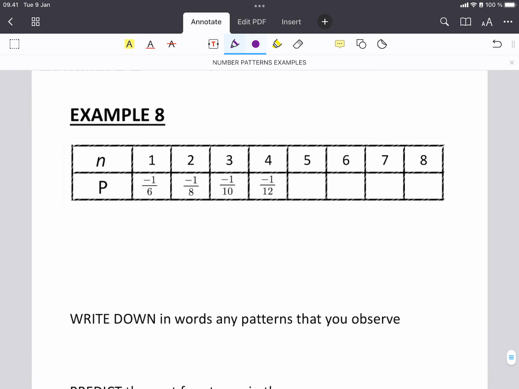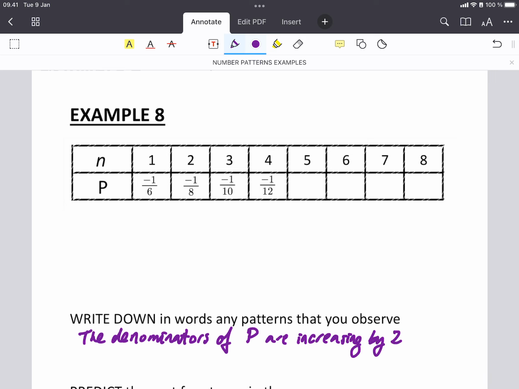So write down in words any patterns that you observe. Well, I could just write that the denominators of the fractions, or of P, it's called P in this case, are increasing by 2 every time.